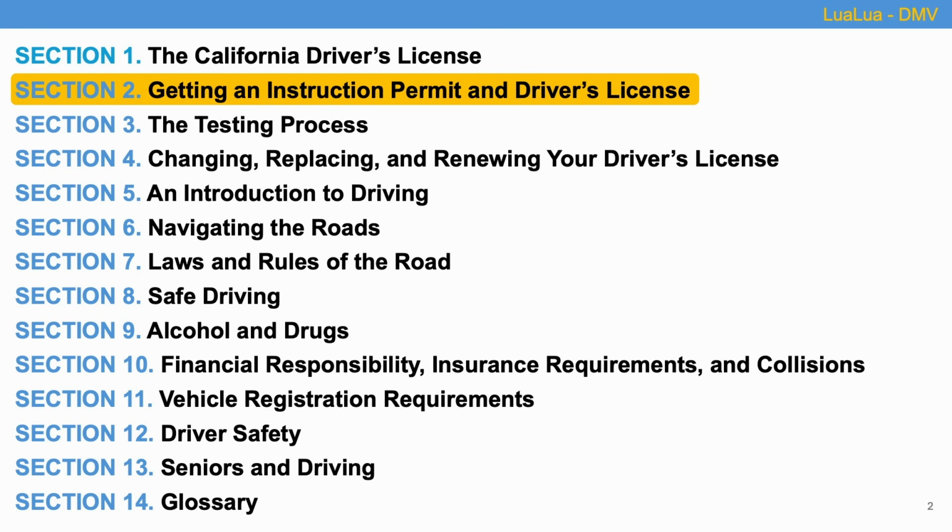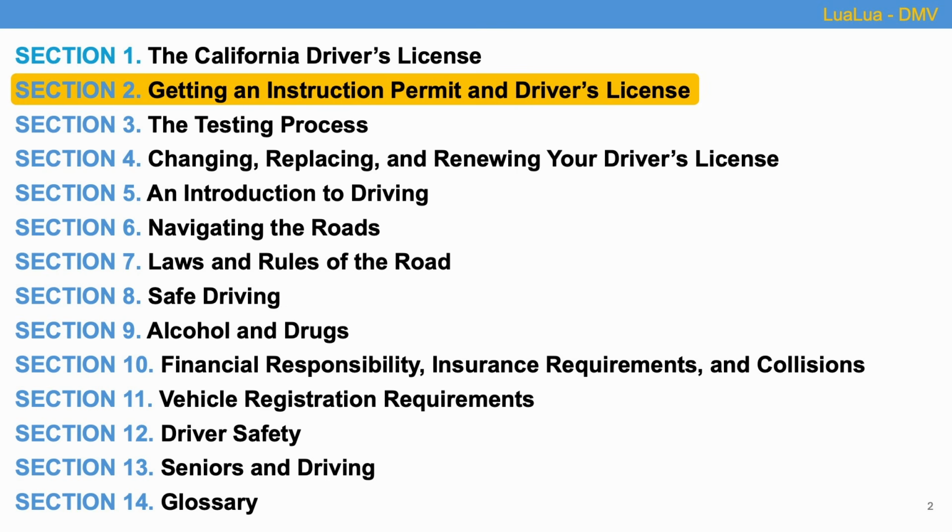If you are under 18 years old, you will also need to be at least 16 years old. Have an instruction permit from California or another state for at least 6 months, or turn 18 years old before scheduling your behind-the-wheel drive test. Prove that you completed both driver education and driver training.